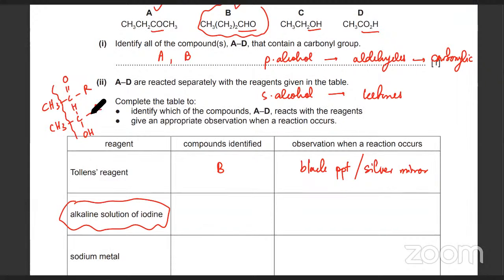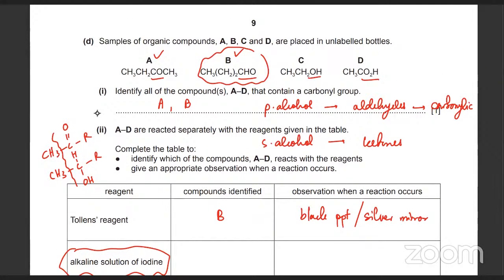C does. I mean, C has this structure. Look at C. It's CH3 next to what? CH and OH and another H. So it has this structure. Who else has this structure? That one. Yes, A has it, okay.